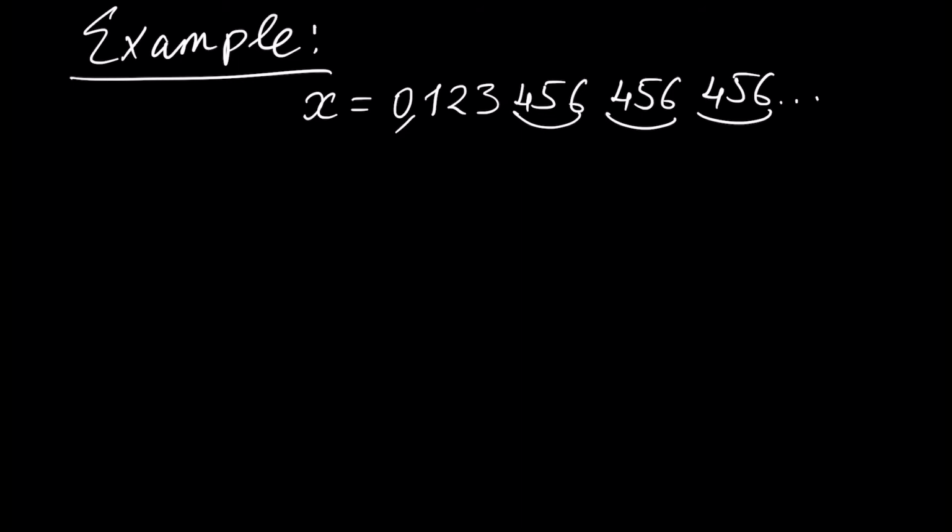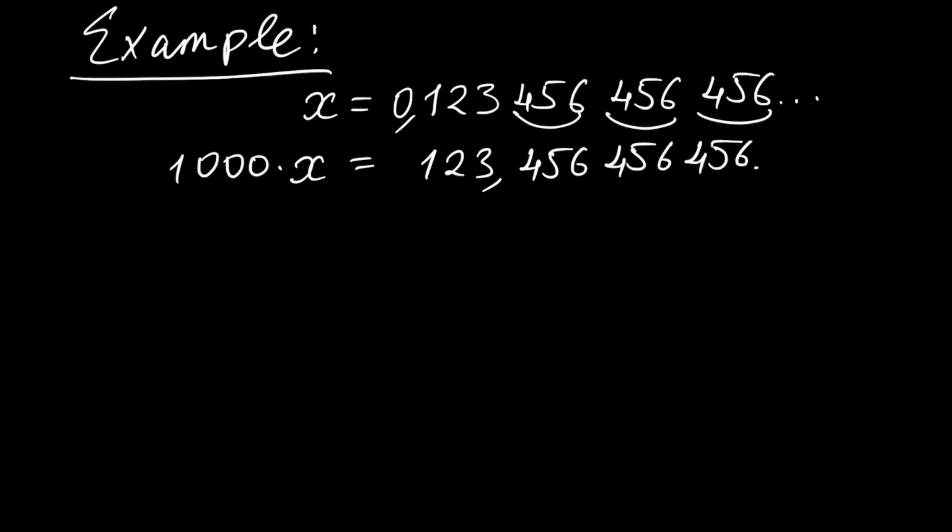For this, we multiply both sides of this equation by 1000, and we will have 1000x equal to 123.456 456 456, and so on. When we multiplied by 1000, our floating point moved from this place to this place.